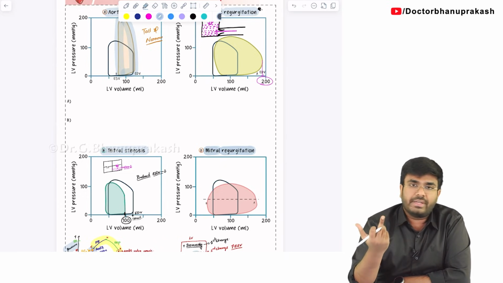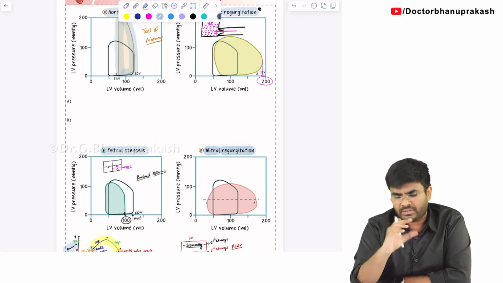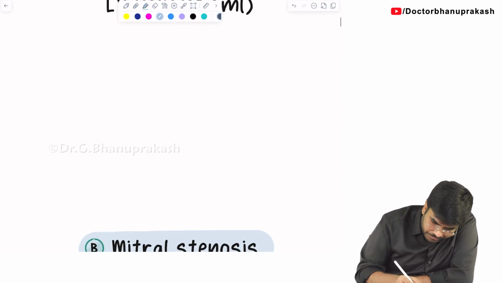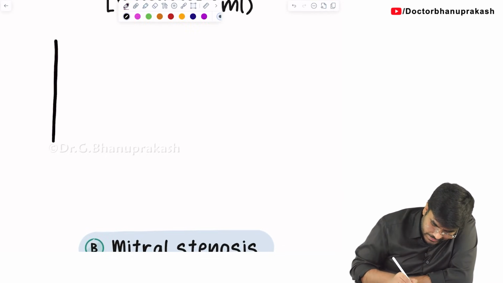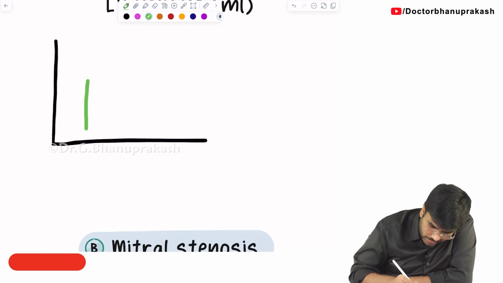Next, one more possibility. Usually in NEET PG and FMG exams, the question is something like this. Let's say this is the left ventricular pressure volume loop of a normal individual.